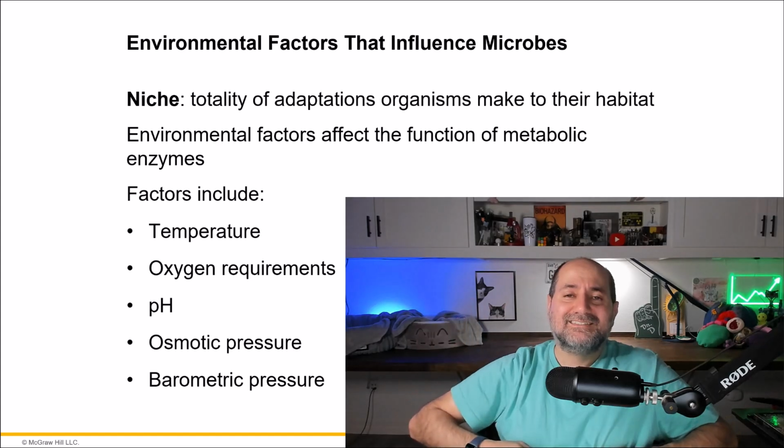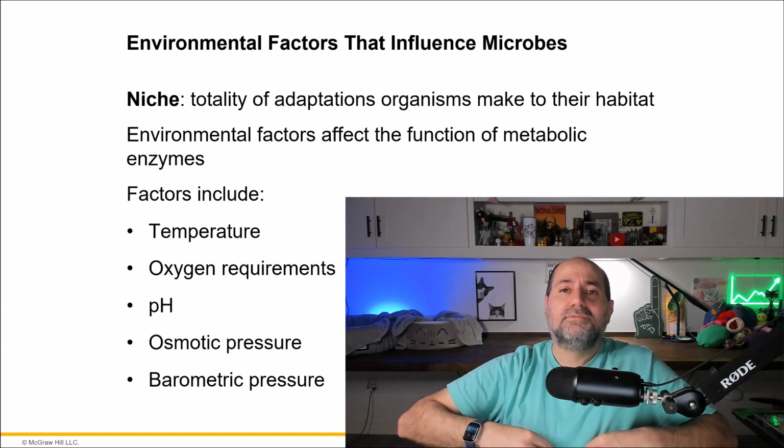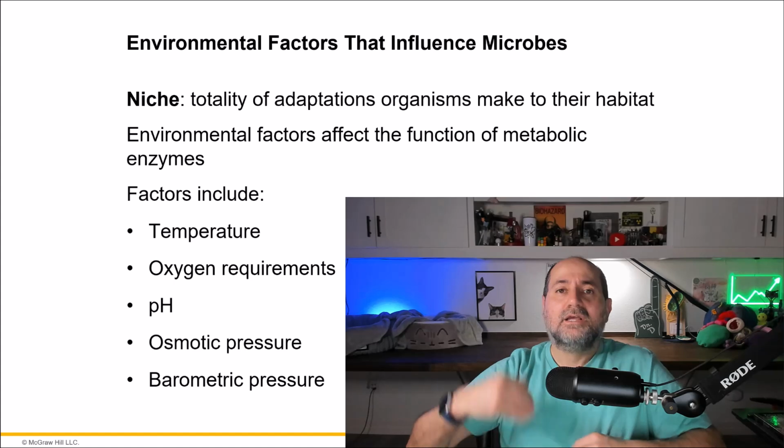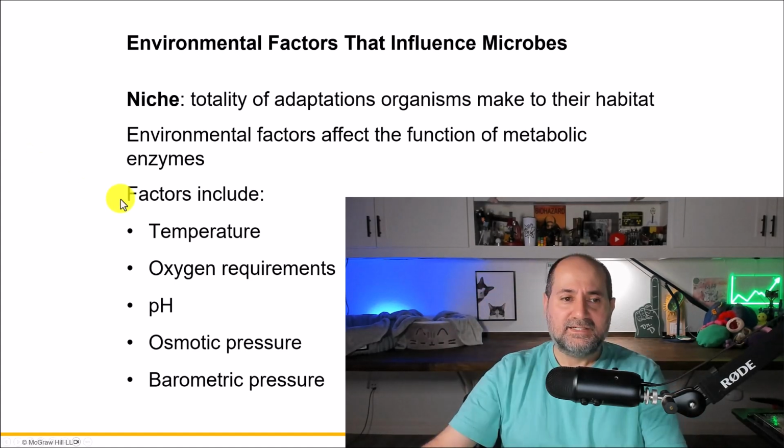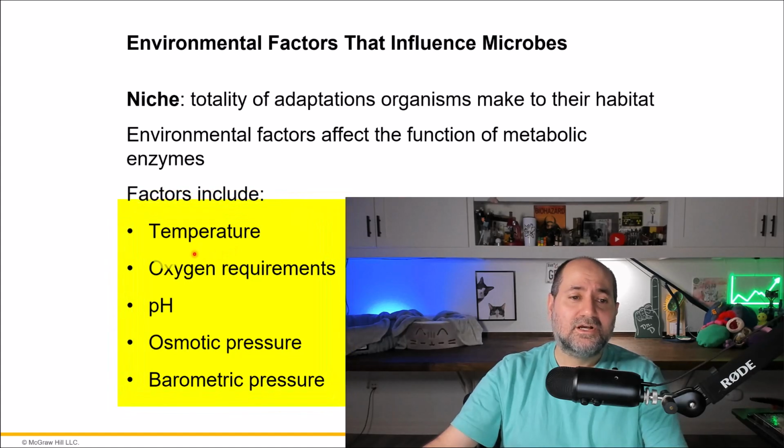Same thing with my intestines. E. coli would be inside of the intestines. Those are the niches in which they are adapted to grow. And those adaptations that allow you to live in these niches include temperature preferences. You know, some microbes prefer cool temperatures, some prefer hot.